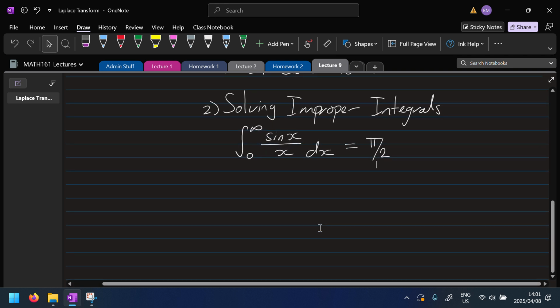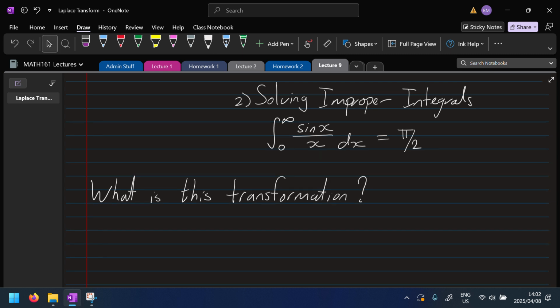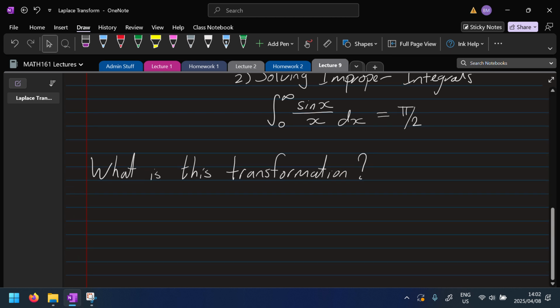Okay, so what is this transformation? We're going to have some function f of t, some function of time, and we're going to convert it into a new function, capital F of s, given by the following integral.